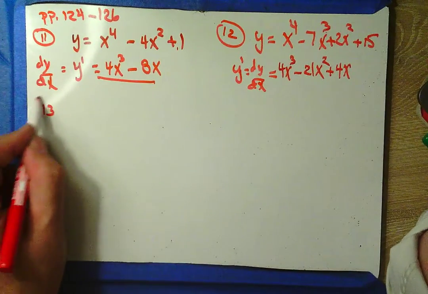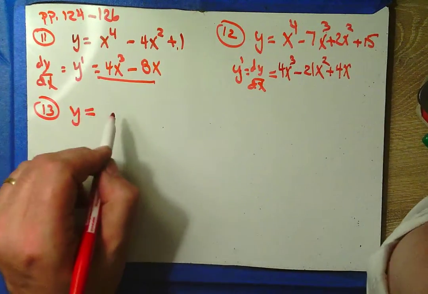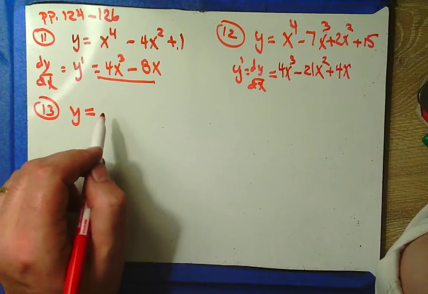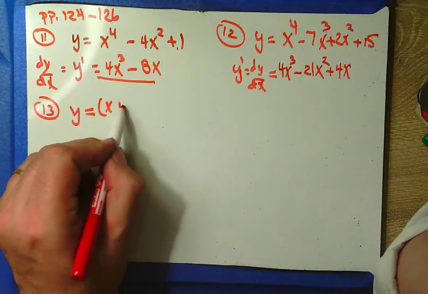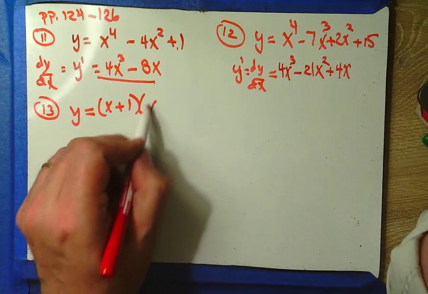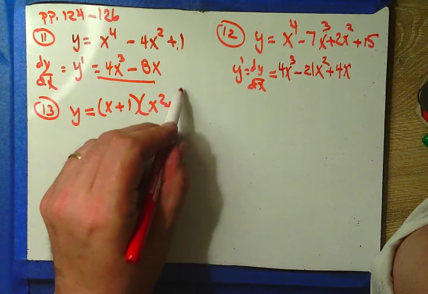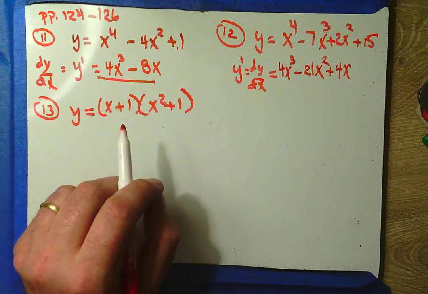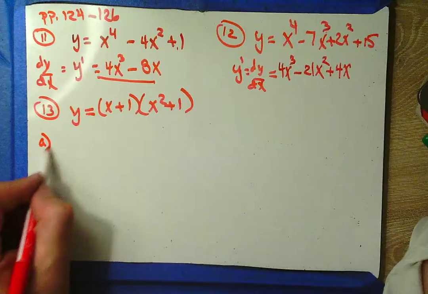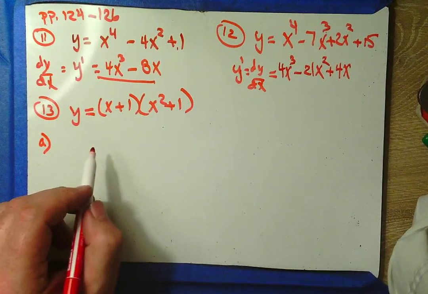With number 13, we have an opportunity to use the product rule I did in an earlier video. If you went to the CPR class, you probably saw we've got x plus 1, x squared plus 1. Now, this problem, we're asked to do this problem two different ways. The first way, part A, with the product rule.